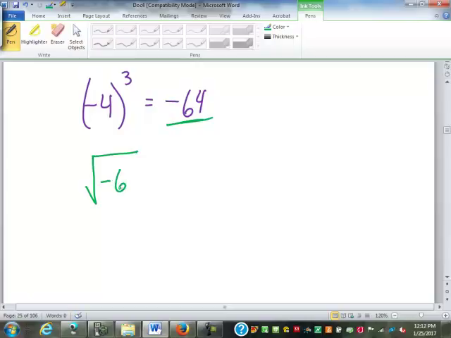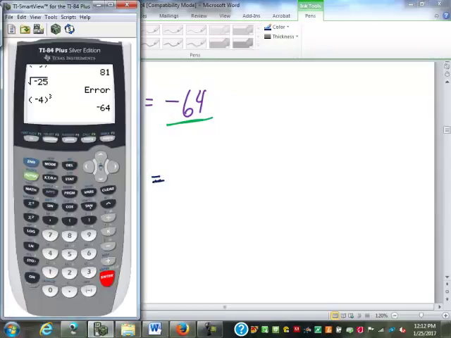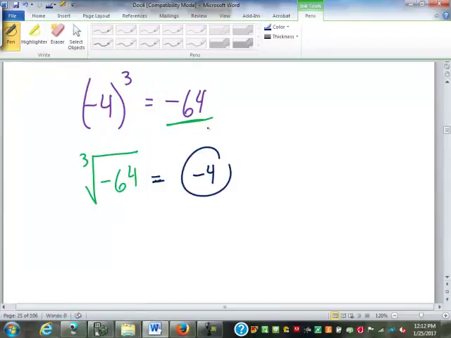So if I go to take a third root of a negative 64, it's actually possible to do. Now on my calculator, to do a third root, I have to go through the math menu. I select X root. So that's third root of negative 64. And it better spit back out my negative 4, because here I did a third power and a third root. It better get me back to where I started, back to that negative 4.